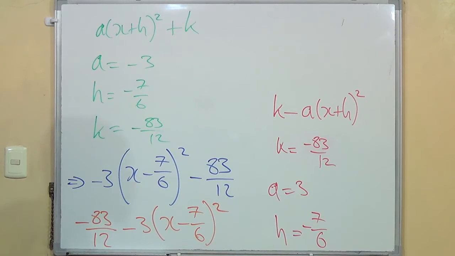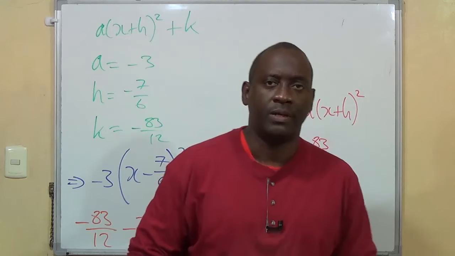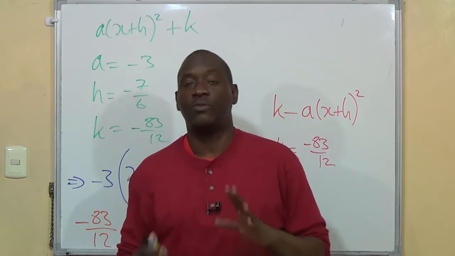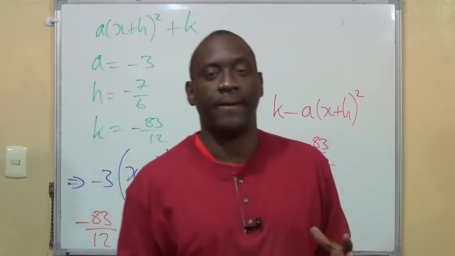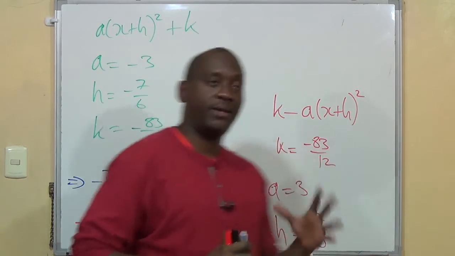So that is one extra bit of complication to look for in this case where the coefficient of x squared is negative, right? Depending on what they ask for.